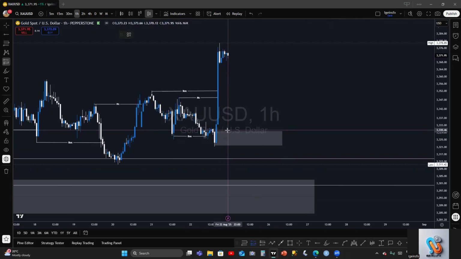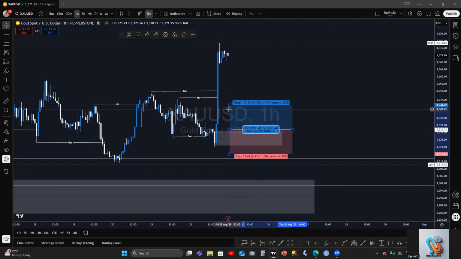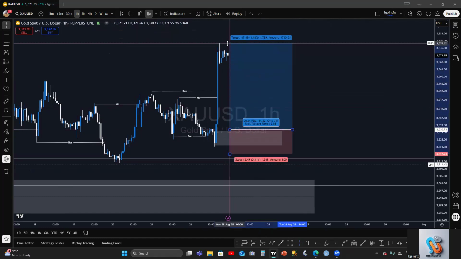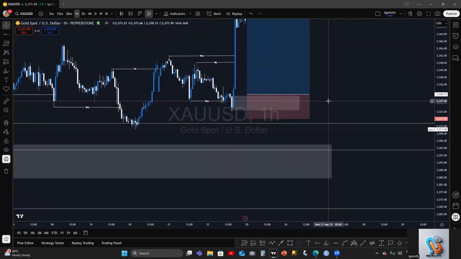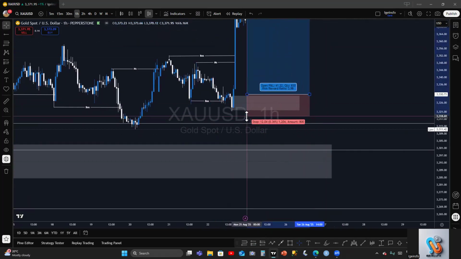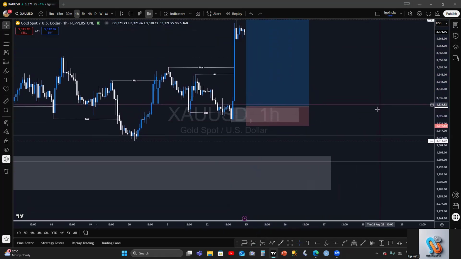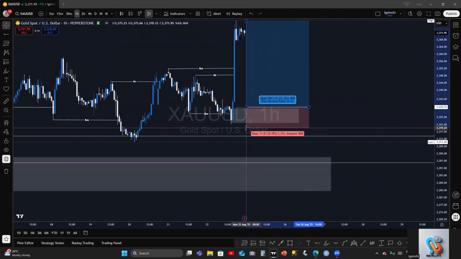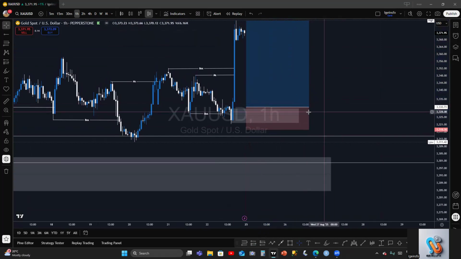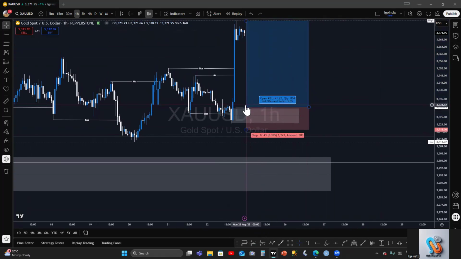All right. Simply put your pending order here, target this high, and your stop loss below this low. All right. 10 pips stop loss. Or let's give 12. 12 pips stop loss.